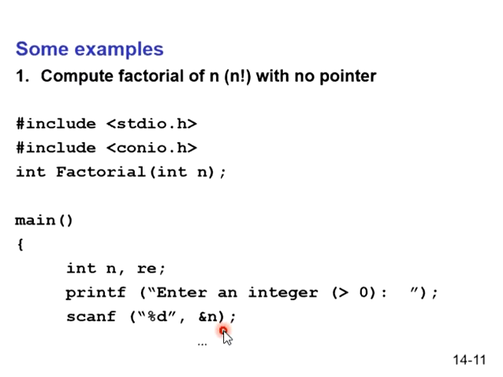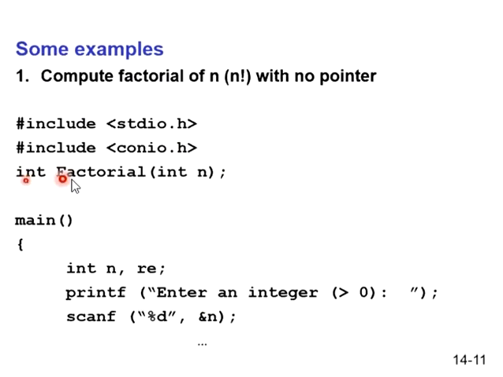You assign the value to the variable dollars, and you can print it out over here. Now I would like to give you some examples. The first is you write the full program for computing factorial of n without the pointer, and the second with the pointer. So over here now, you write the prototype function factorial.